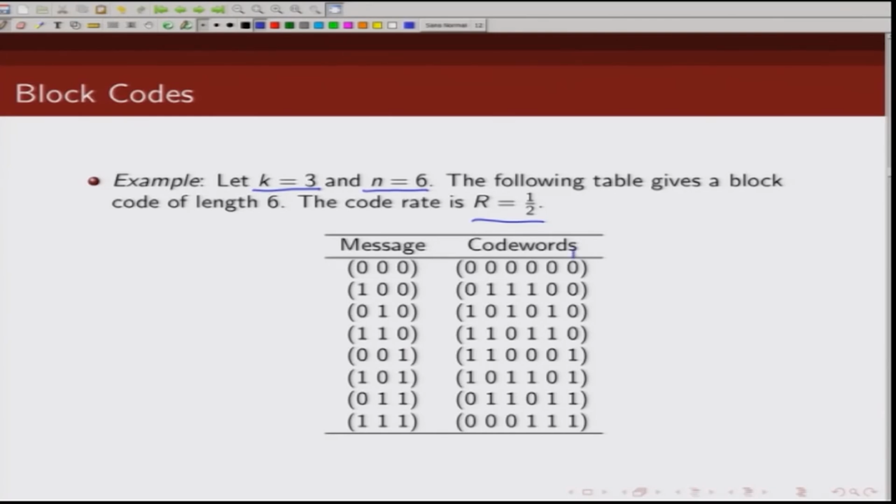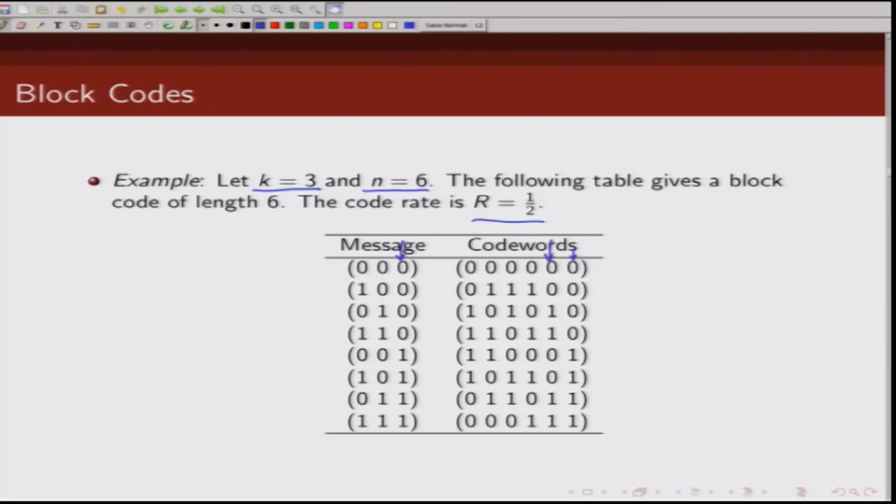Let us look at this column first, which is 00001111. How did we get this column? If you look at the information bits, this column is nothing but the same as this information bit. You can see 0 0 0 0 1 1 1 1.